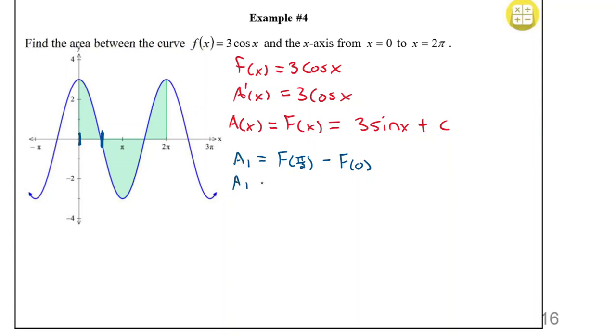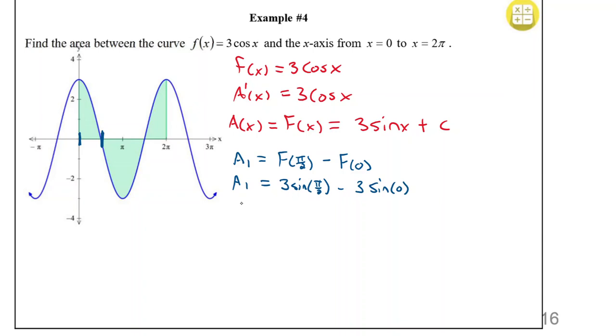All right, so area 1 would be 3 sine pi over 2 plus c, but like from the last questions, you're probably used to this now, the c's are going to cancel. So if you're okay with it, I'm going to drop the c. And then it's minus 3 sine of 0.